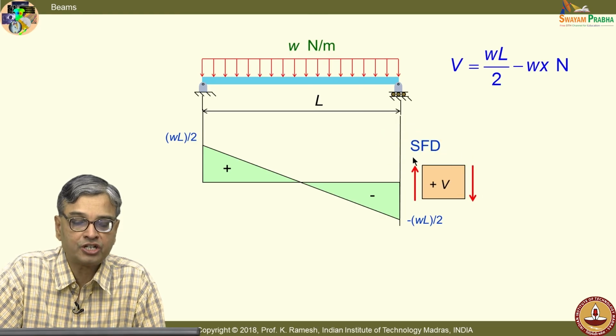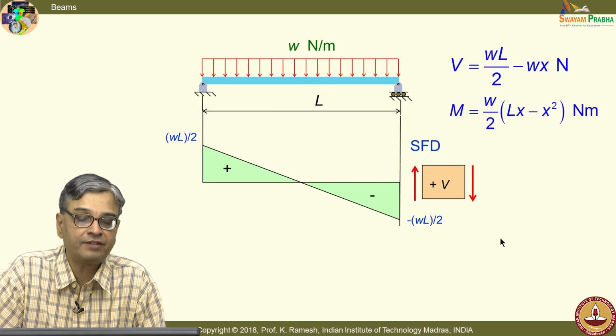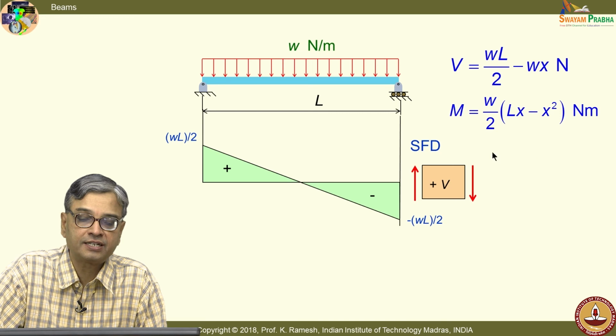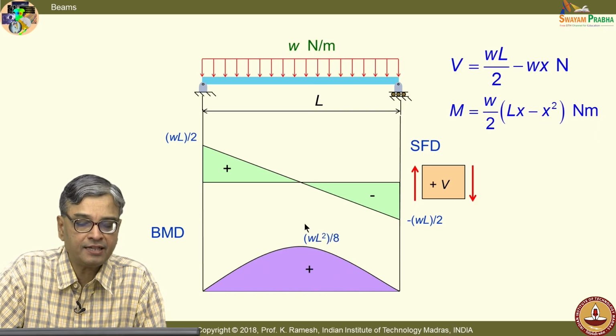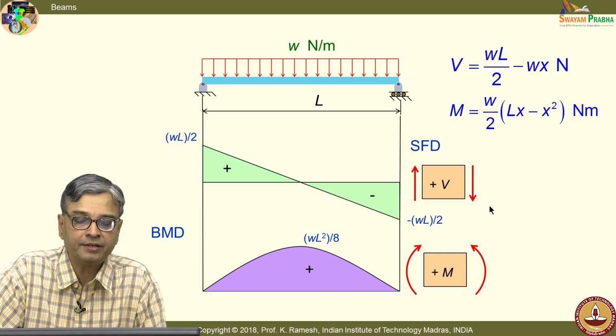And the sign convention is also indicated for the shear force. Then I have the bending moment. It is a second degree curve. So, when I plot it, the variation is like this, and I get the peak value as WL squared by 8. This is the sign convention for bending moment.